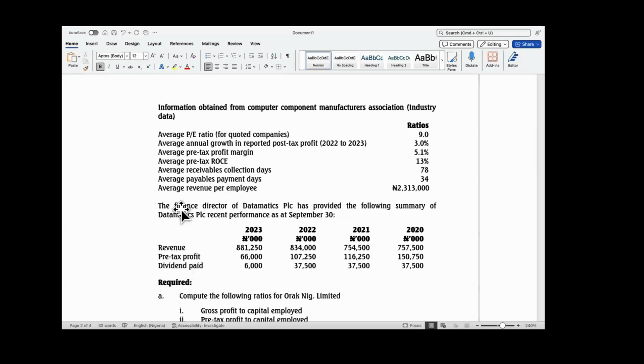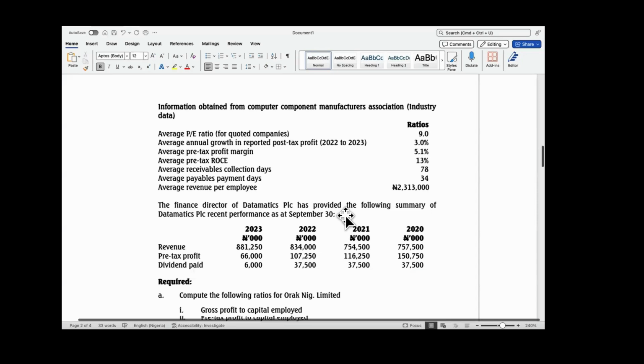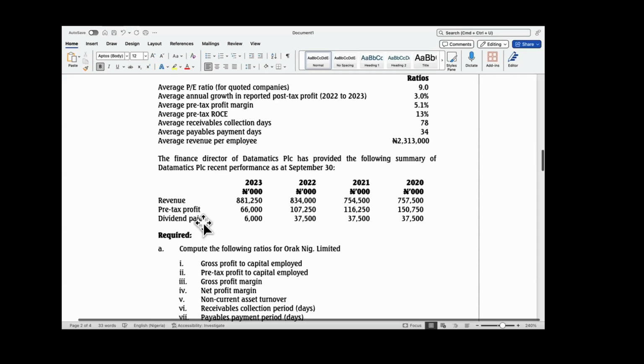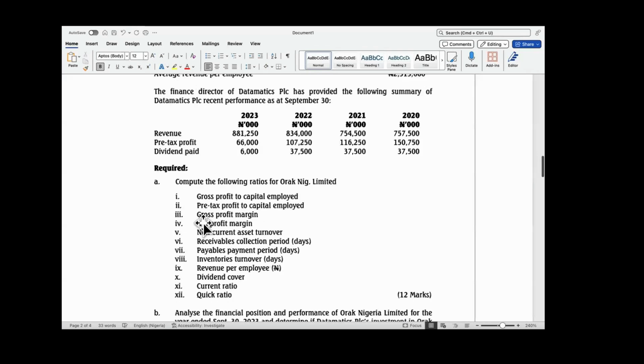We are told that the finance director of Datamatics has provided the following summary of Datamatics' recent performance. So they give us the performance of Datamatics, its revenue, its pre-tax profits, and the dividend it pays. So they want us to compute these ratios. So let's start one by one.